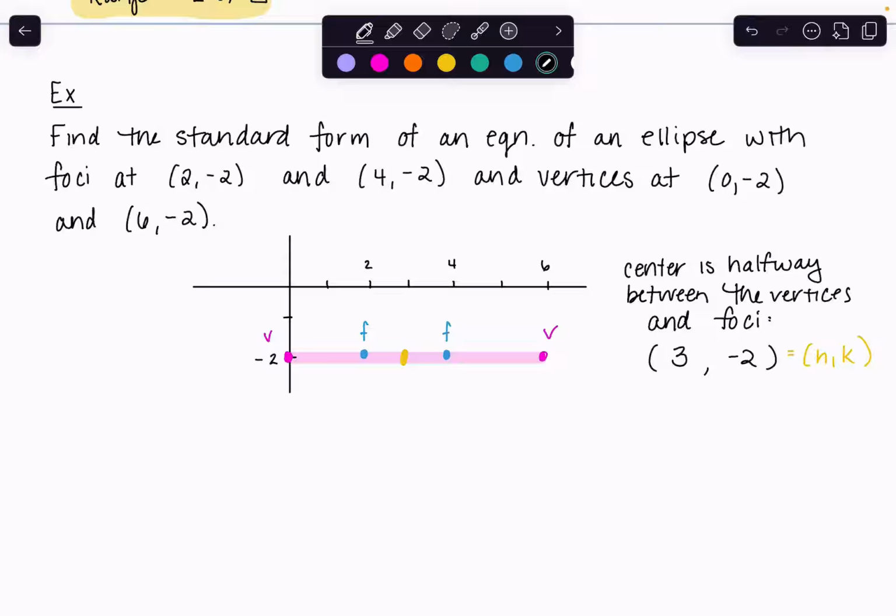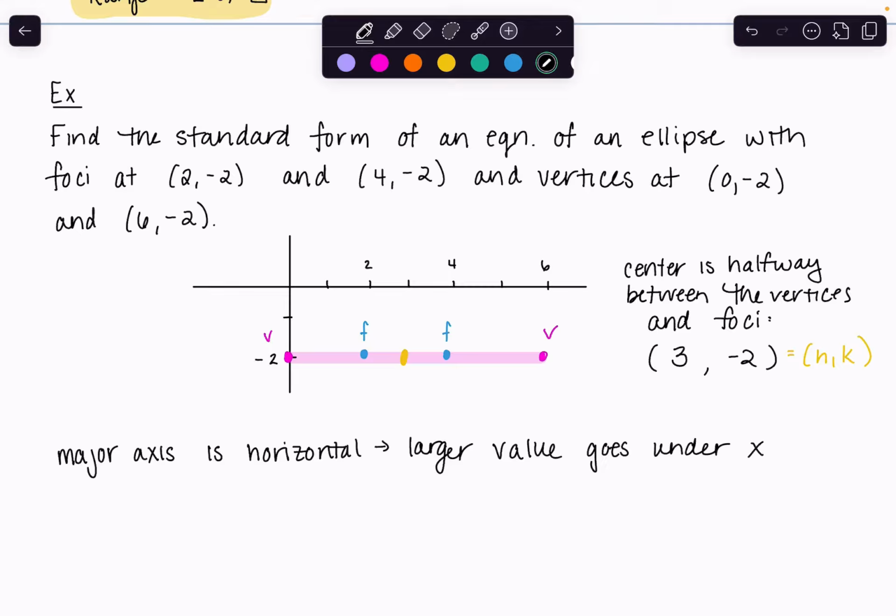Then I also know my major axis is horizontal, so the larger value goes under x. Okay, so this ellipse has the form (x minus the x coordinate) squared over a squared, plus (y minus the y coordinate) squared over b squared, equals 1.